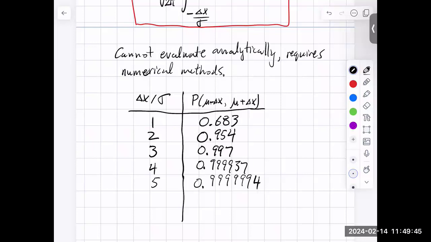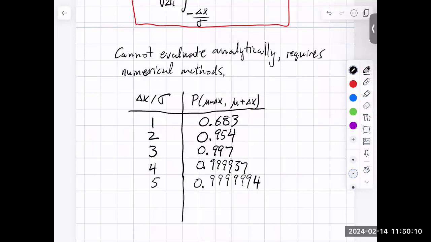So for a Gaussian distribution, they often talk about the 68, 95, 99.7 rule. And that's all it's there to tell you: 68% of your measurements will fall within 1 standard deviation of the mean, 95% of them will be within 2 standard deviations, and 99.7% of them will be within 3 standard deviations.